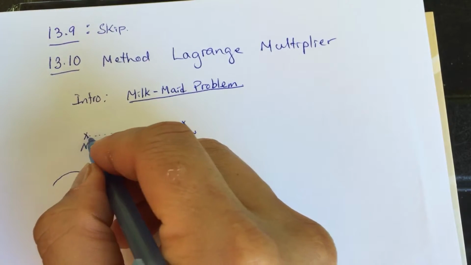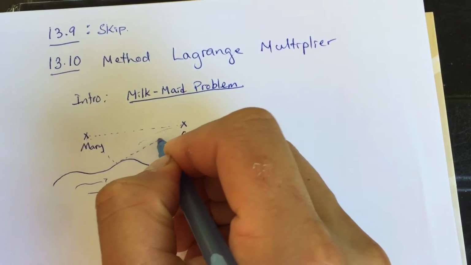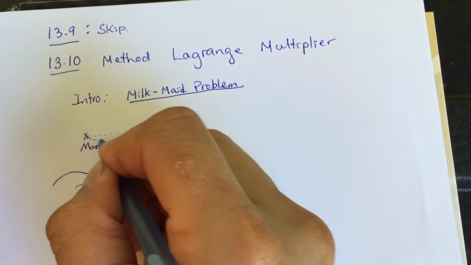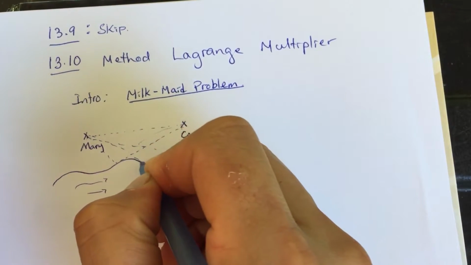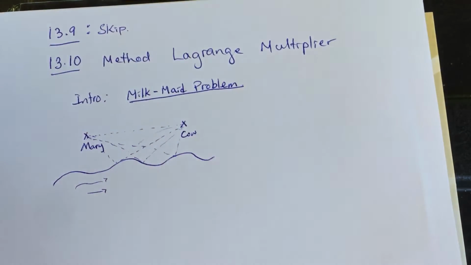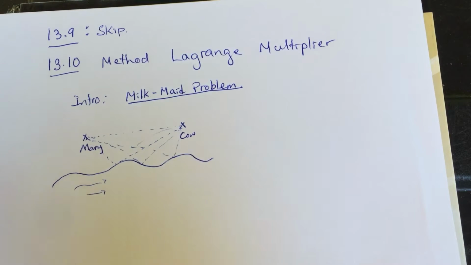So the question is, at which point along the river can she rinse her bucket and go to the cow, and which point is the shortest? As you notice, there are infinitely many ways to go there, but which way is the shortest? So this is called the milkmaid problem.